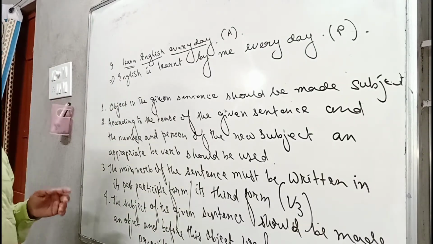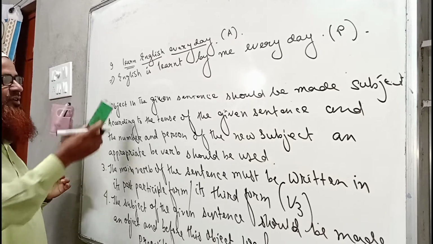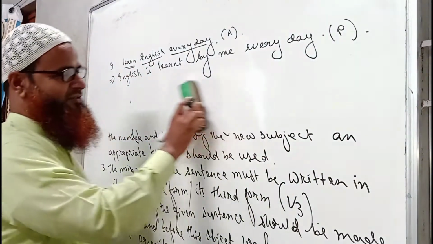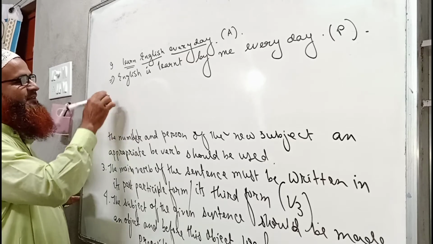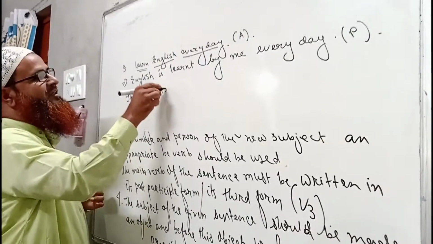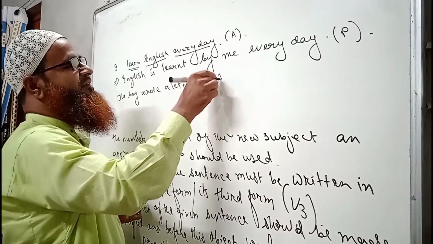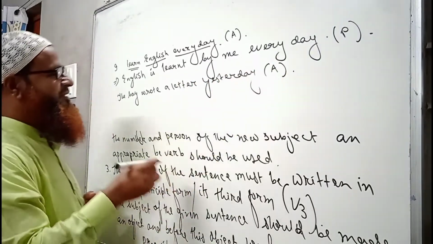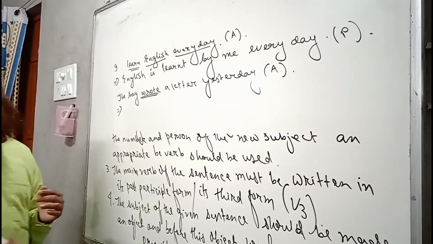Again, I write another example, as an introductory class to the voice sense. Here I am writing: The boy wrote a letter yesterday. So this is a sentence of past tense. Here the verb is wrote, and this is a sentence of past indefinite tense.